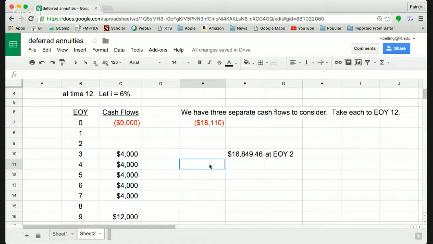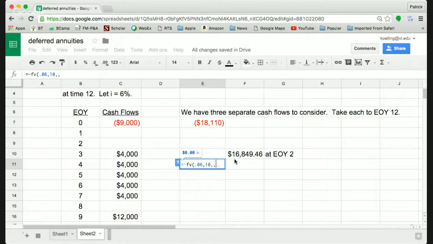I need to find the future amount, equal negative FV, interest rate 6%. How many years? 10 years, from the end of year 2 to the end of year 12. The next argument is that uniform series, which we've already gotten rid of. We're working with a single amount here, so I'll skip that argument.